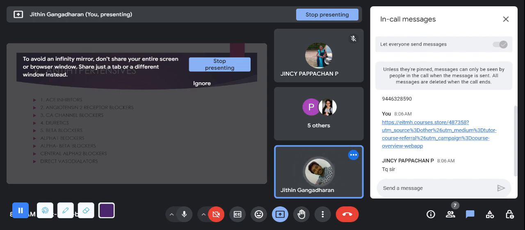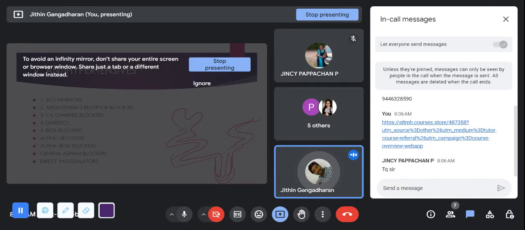Next is thiazide diuretics. So what is a thiazide diuretic? These thiazide diuretics inhibit the carbonic anhydrase activity at the distal tubular site. So we have the proximal convoluted tubule and the distal convoluted tubule. If you remember the nephron, you'll be able to answer this.